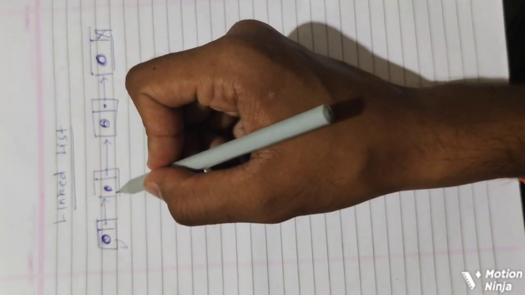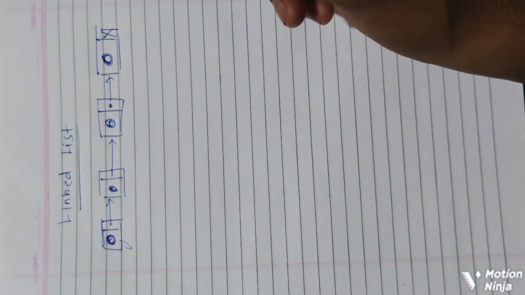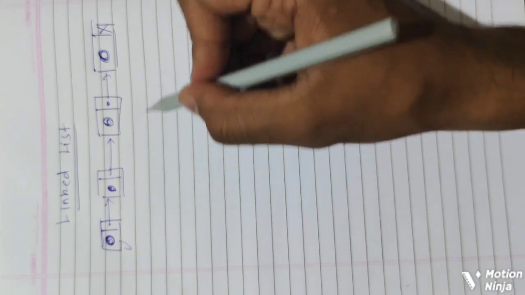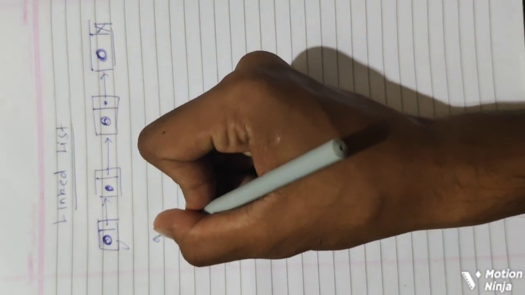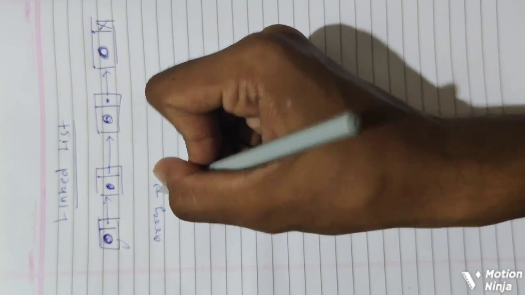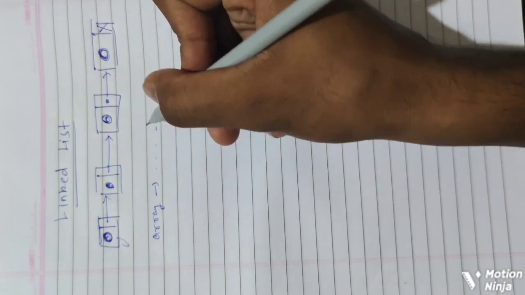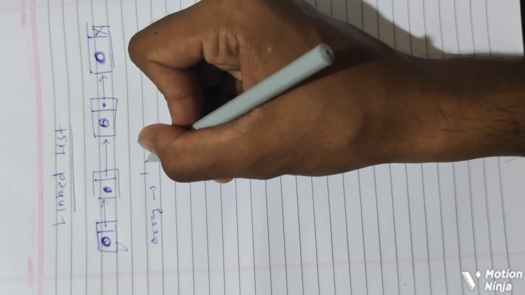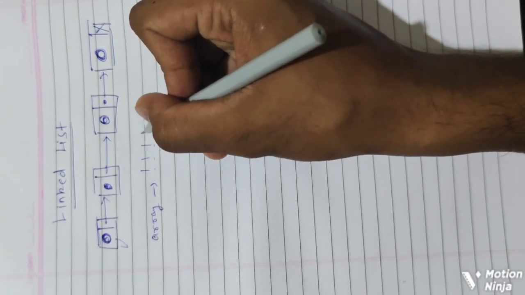Linked list has the major advantage that it doesn't need to store elements in a contiguous array. Like for example, in an array the elements are stored in a contiguous format in memory. Like if the memory starts from here, the next element shall always be here, here.